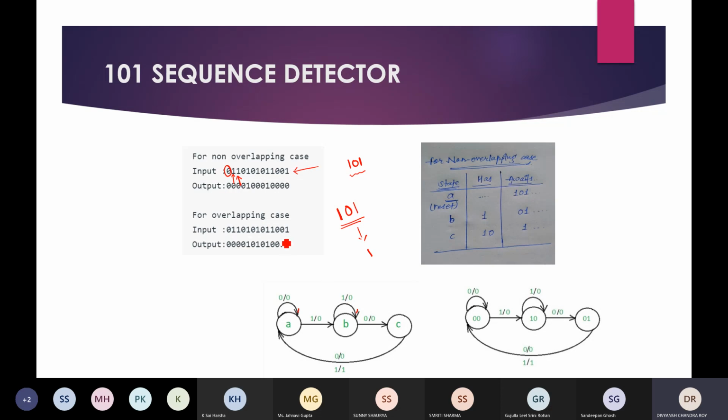Now for the overlapping case, we make another state diagram. Initially I will be at the reset position, and if the input is 0, I will stay at the same state. If the input is 1, this can be part of our sequence 101, so I simply move to the next state.